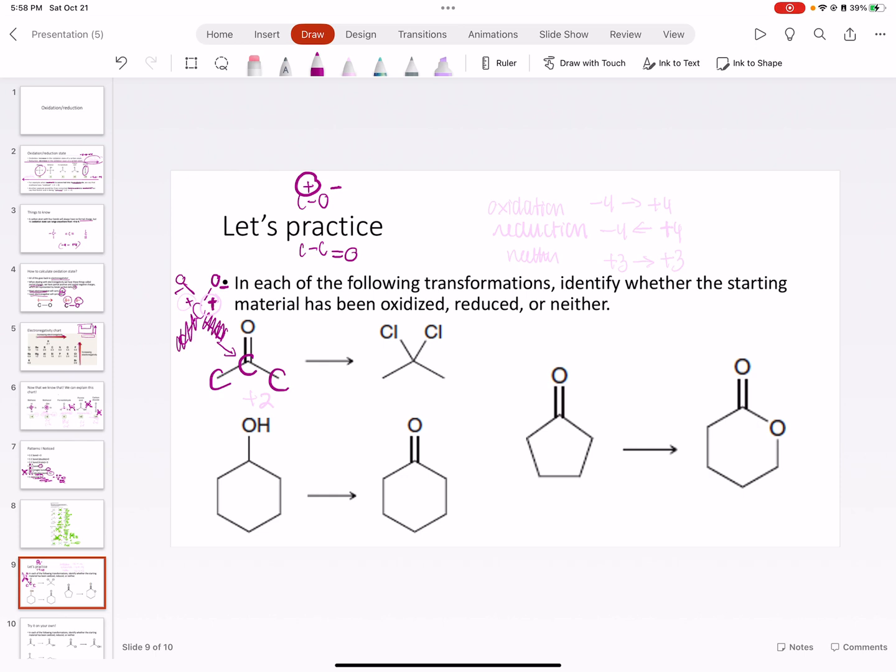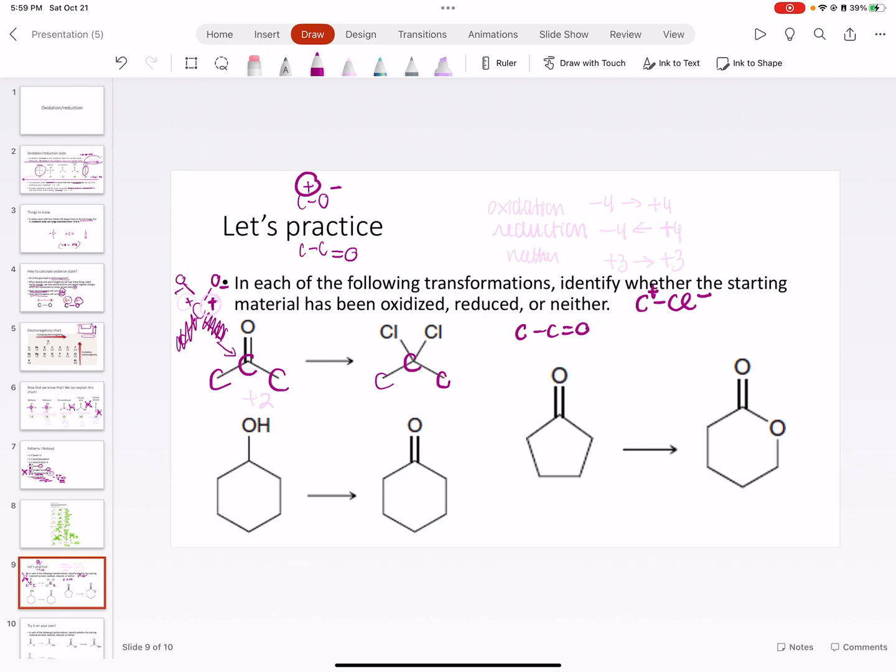And then in here we have carbon, carbon, carbon, chlorine. We know that carbon, carbon just count as 0, like we said. And then carbon, chlorine. Chlorine is more electronegative than carbon, therefore it's going to be negative, while carbon is going to be positive.